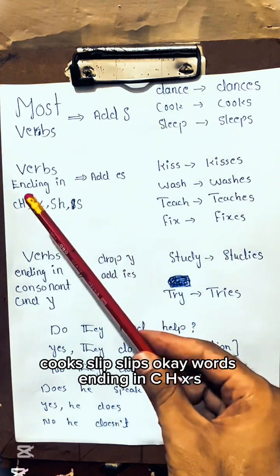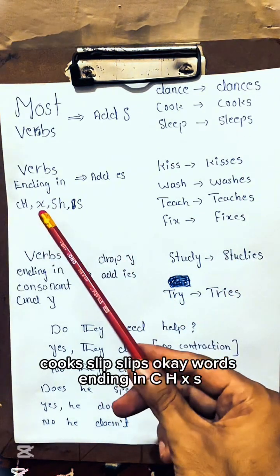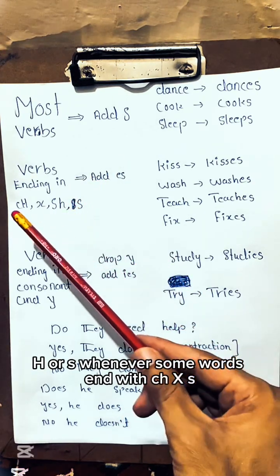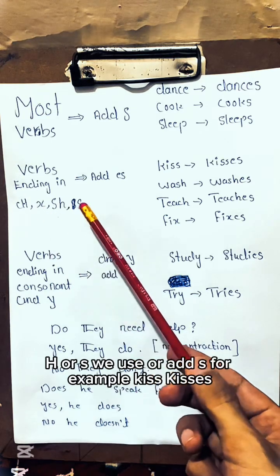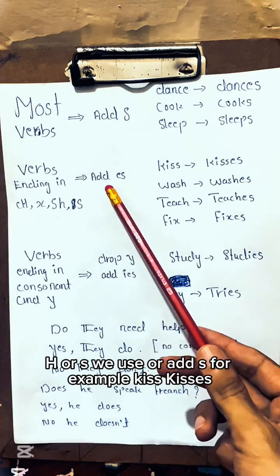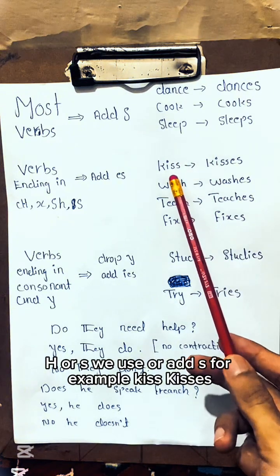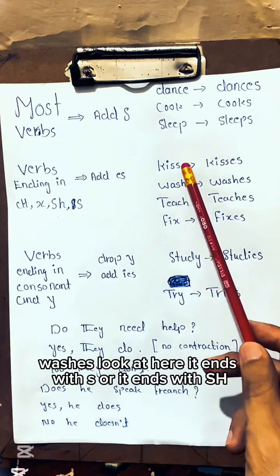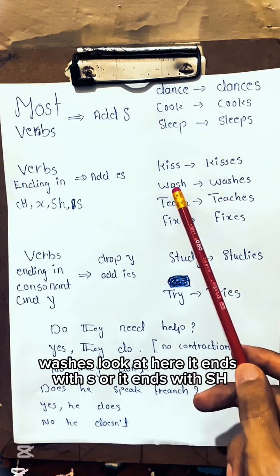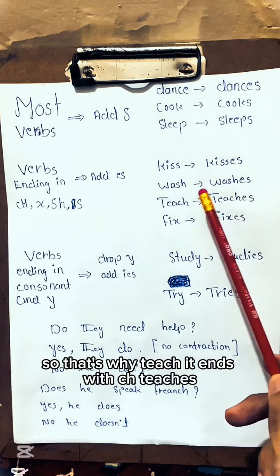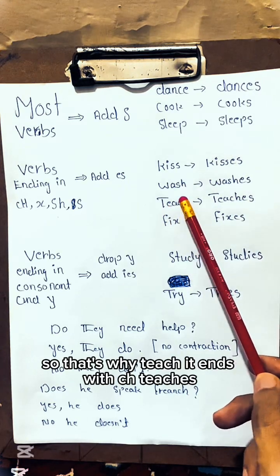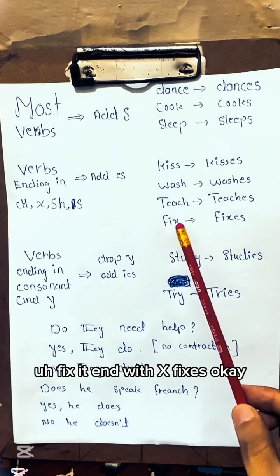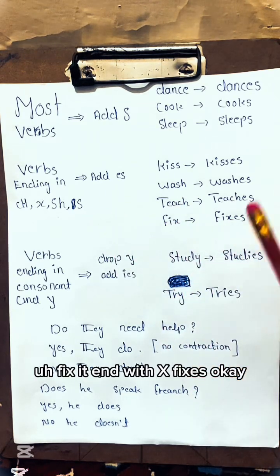Words ending in ch, x, sh or s: whenever words end with ch, x, sh or s, we add es. For example, kiss, kisses; wash, washes. Teach ends with ch, teaches. Fix ends with x, fixes.